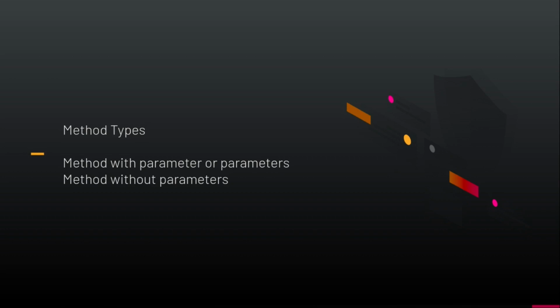When you define a method, you define it with a certain number of parameters, if it has parameters. That's when you're defining your method. When you call a method, you pass an argument.